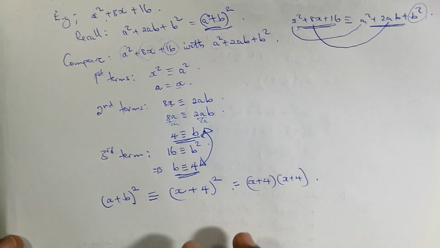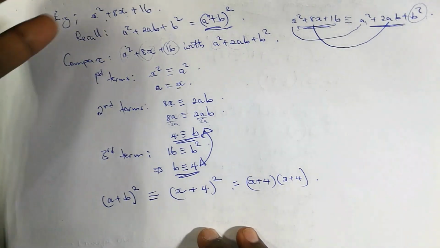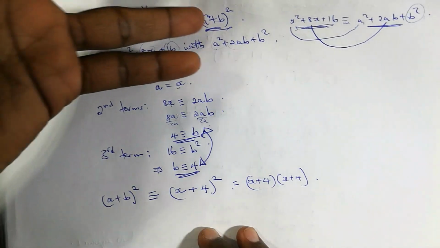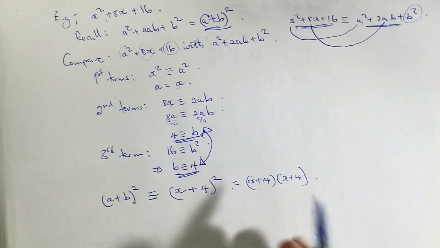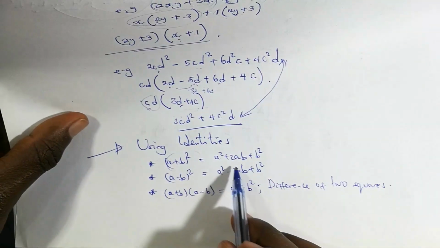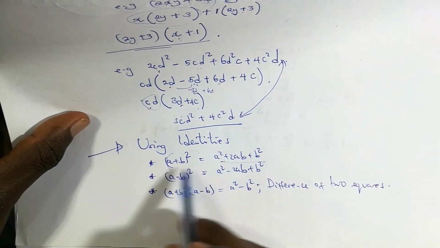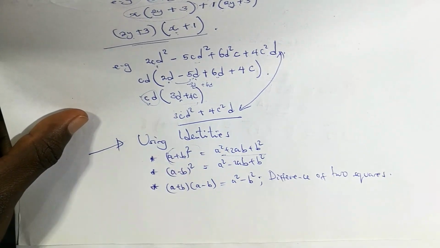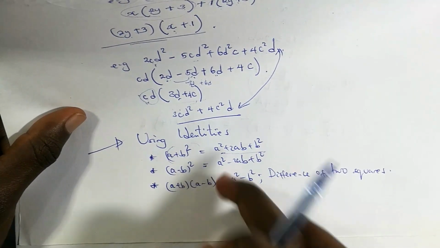That's an example of how you can use identities. Just compare them and check which one takes the place of a and b, so you can express them respectively in this format. Here you have an expression, you check for your a and b, get what they represent, and just substitute.